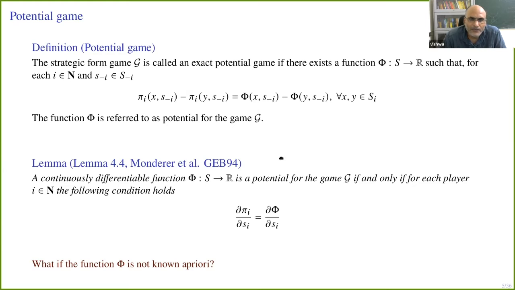A differential formulation of this is basically that the partial derivative of phi_i with respect to player i's strategy should be the same as the partial derivative of this function phi with respect to player i's strategy, and this has to hold true for all players.